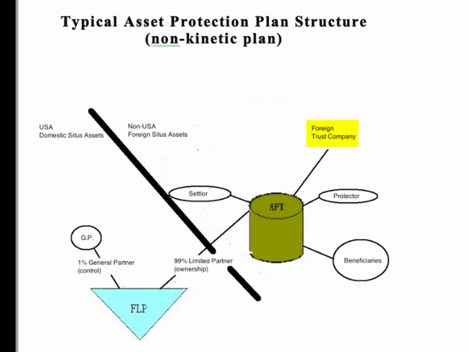In addition to you, the settlor, the foreign trust company, and the protector, the third player is the beneficiaries. And as I mentioned, you retain the power to change beneficiaries at any time. That makes the asset protection trust a basically invisible pass-through entity, almost a disregarded entity.